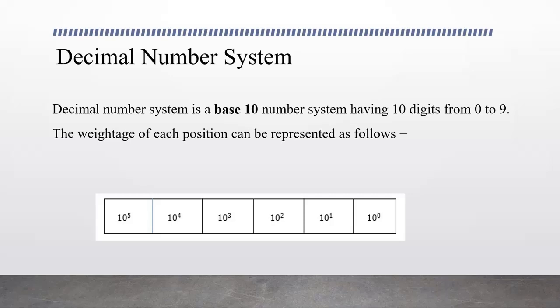The weightage of these positions can be represented as 10 power 0 for the digit at the least significant position. The base of a decimal number is 10, so the digit at the first position has the weightage 10 power 1, then 10 power 2 and so on.